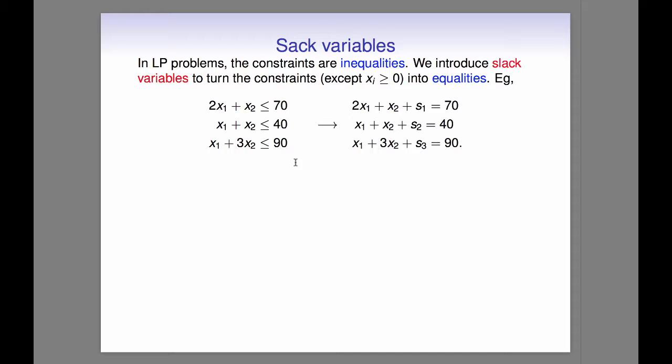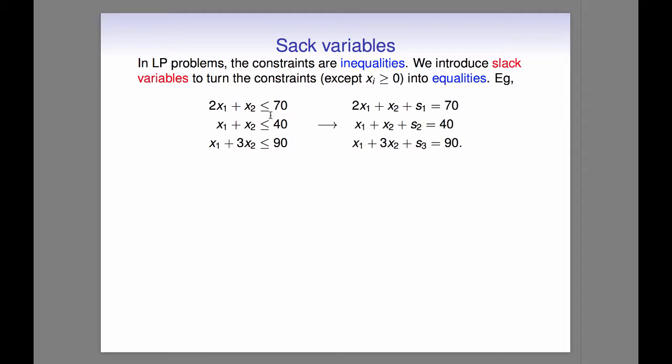The idea is to first introduce slack variables, and they take up the slack in the left and right hand side of the inequalities. So here we might have three inequalities that are involved as the constraints in a linear programming problem, and we introduce slack variables S1, S2, S3 and change the inequality signs into equality signs.